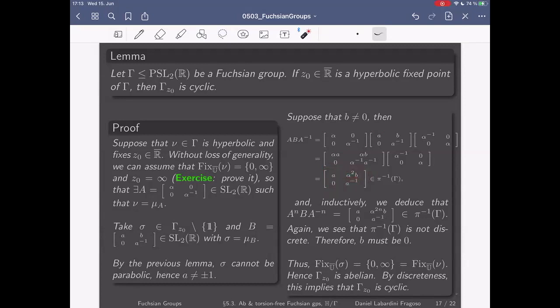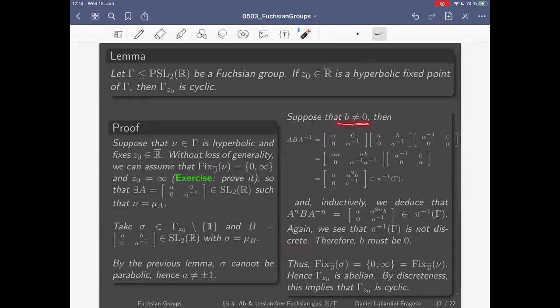So here we have alpha squared beta now, and alpha we know is not 1, and so we get again some family of matrices which, if they're part of gamma, then gamma cannot be discrete, because the pre-image under the projection to PSL2(R) is not discrete.